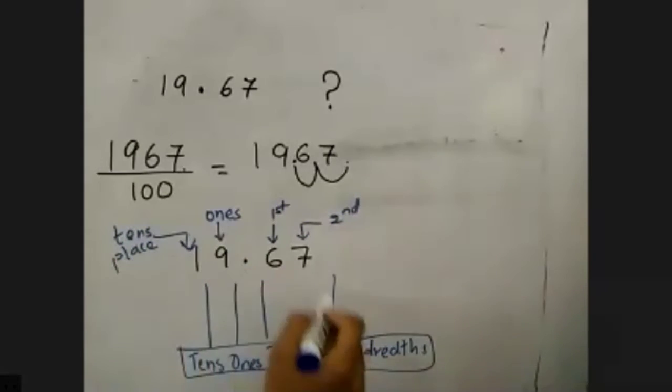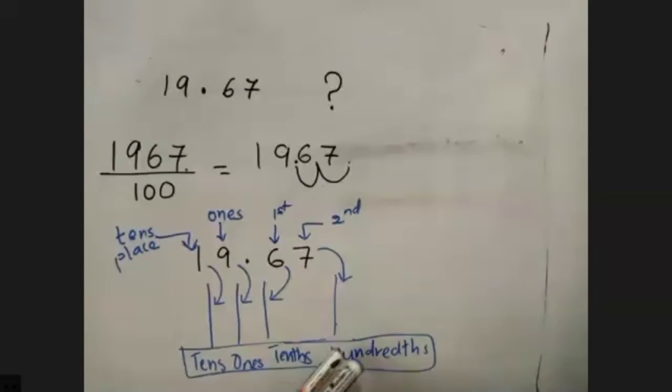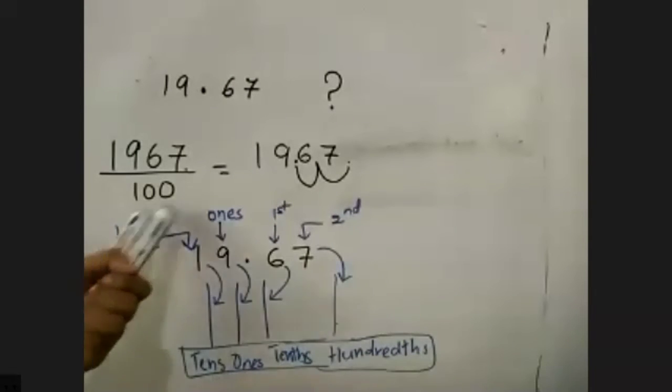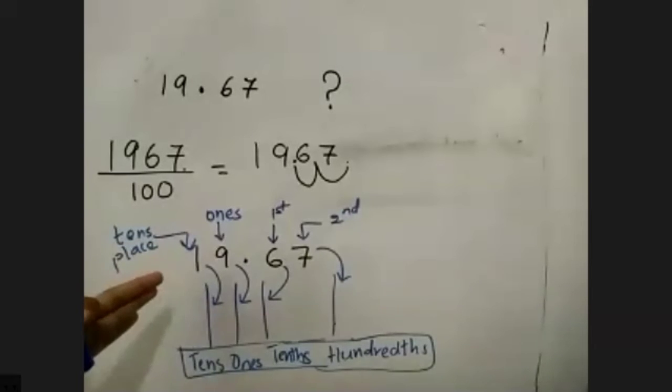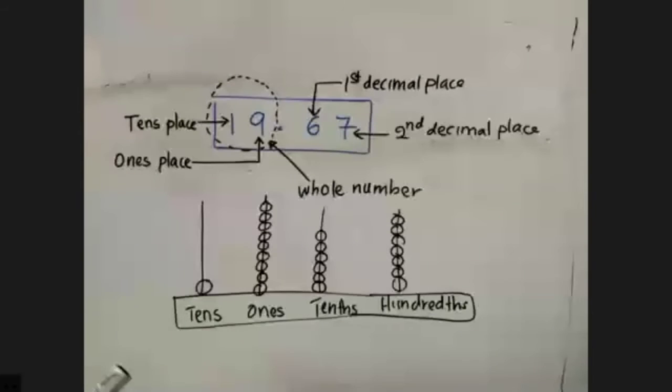And then I can put the beads accordingly. Here, this one, and this one. So you should remember these names that you are writing for the abacus, and you should remember the place values when you have this kind of decimal number. This is what you have to take down in your notes regarding this topic.